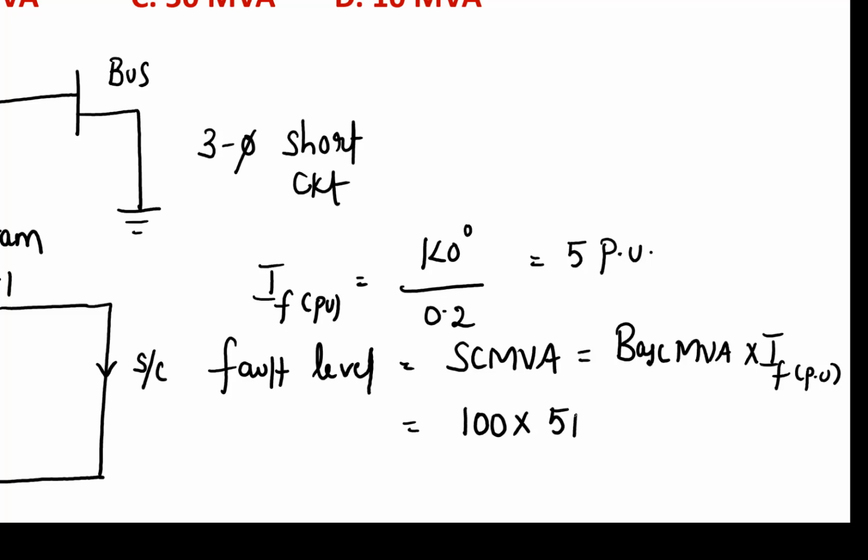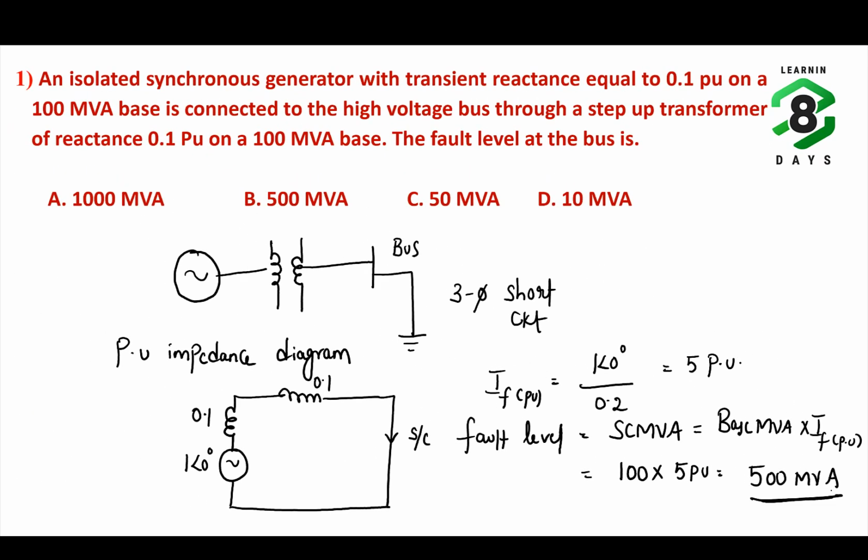It is 5 per unit. So the overall short circuit MVA will become 500 MVA. If you simulate a three-phase short circuit at any point in the power system network, you will get the fault level or short circuit fault level at that particular point. Okay, here in this question, the answer is 500 MVA.